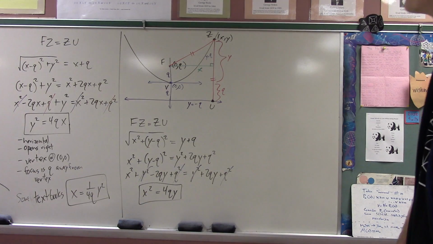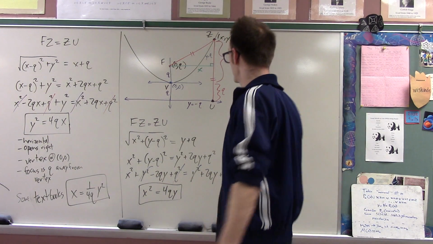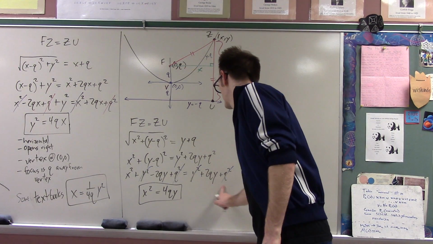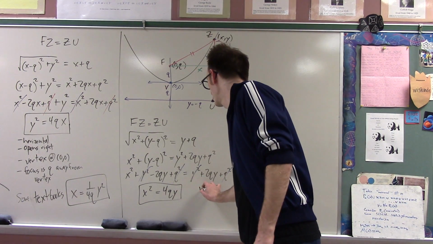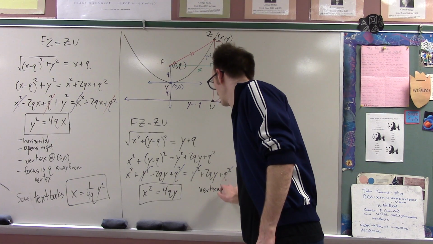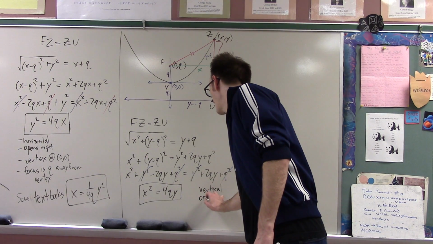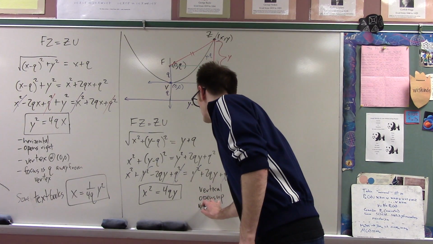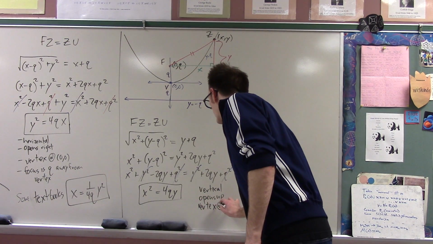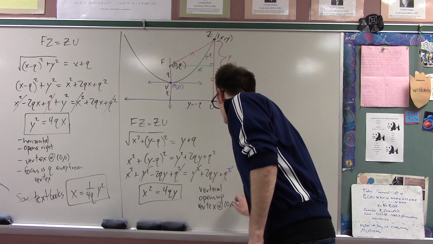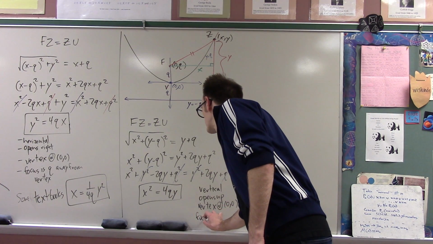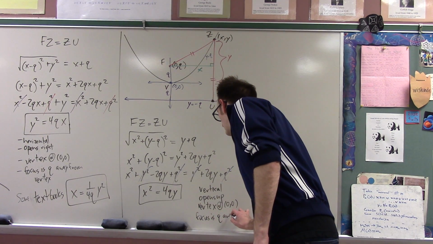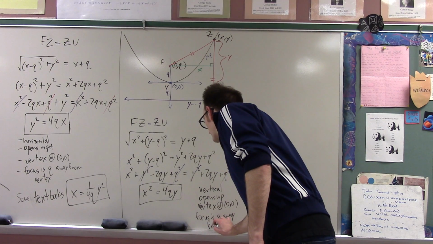And this is the equation of a parabola if, like before, it's vertical, it opens up, the vertex is at the origin, and the focus is q away from the vertex.